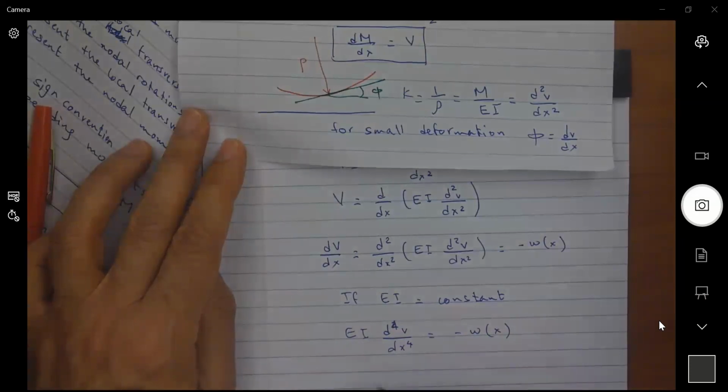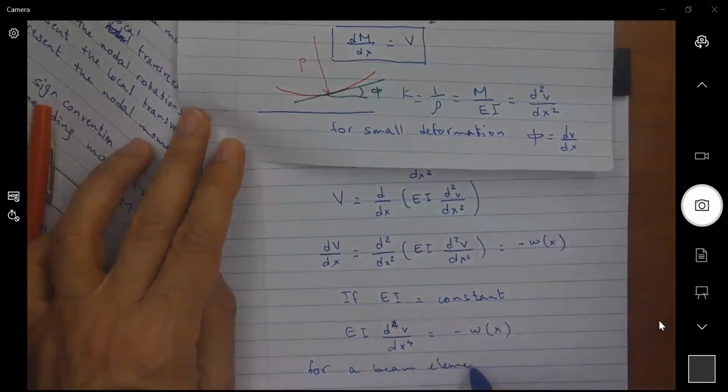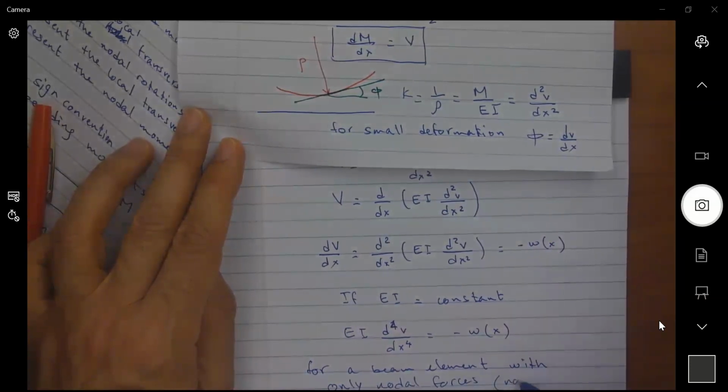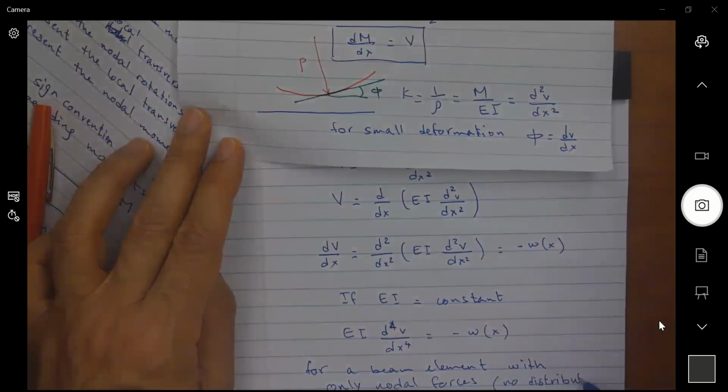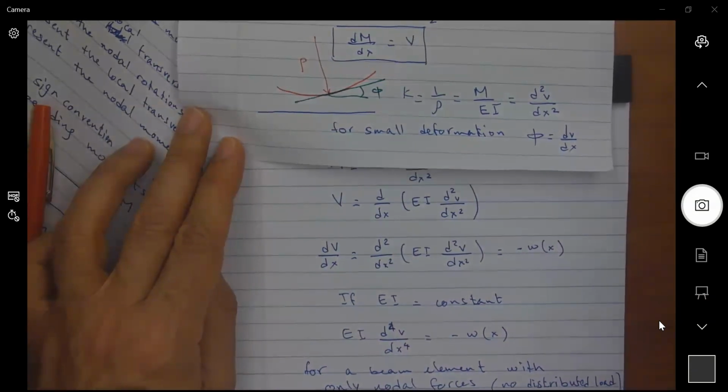When we are looking at a beam element with only nodal forces, no distributed load W, so W of x is equal to 0.